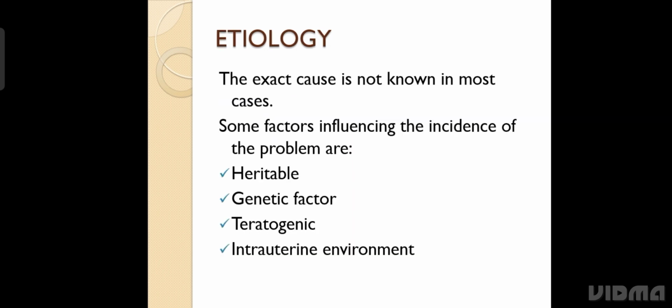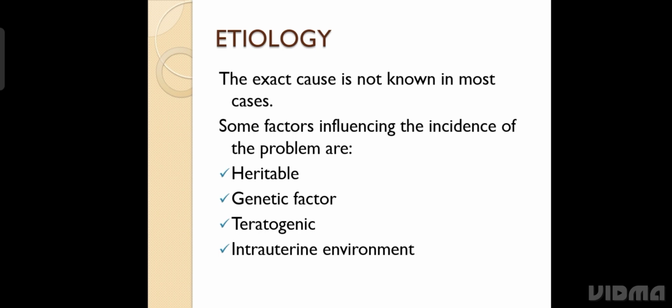Now we will see the etiology. The exact cause is not known in most cases, but some factors influence such a condition. The first factor is hereditary, meaning the condition can be passed from one generation to the next. Then genetic factors, where a faulty gene can be responsible for causing such a condition in babies.